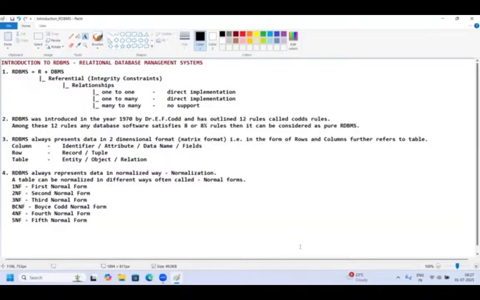Even in a basic database project those three rules will come across, and in an advanced database project also you use those three. But I didn't say that I won't explain. I said I'll cover all, but in real time we come across using only three. That was my point.